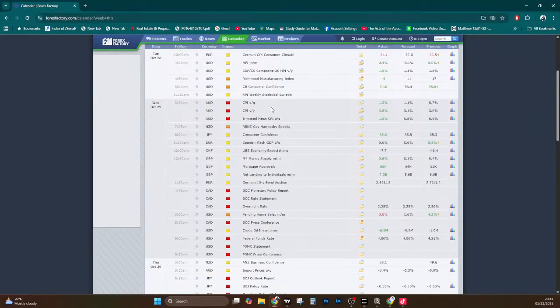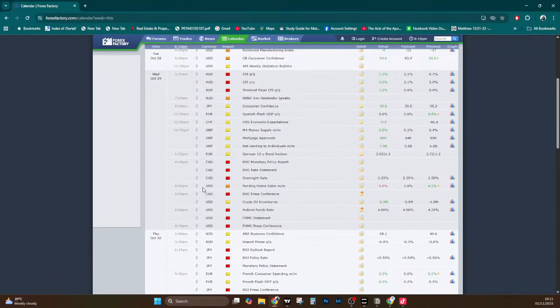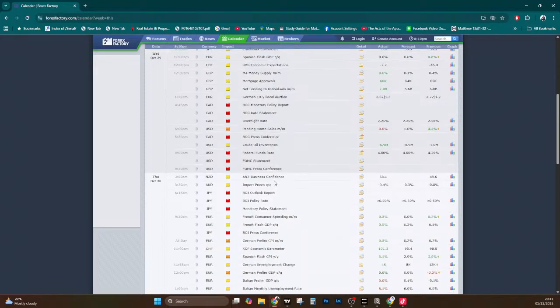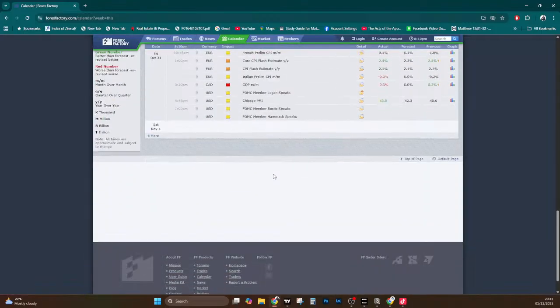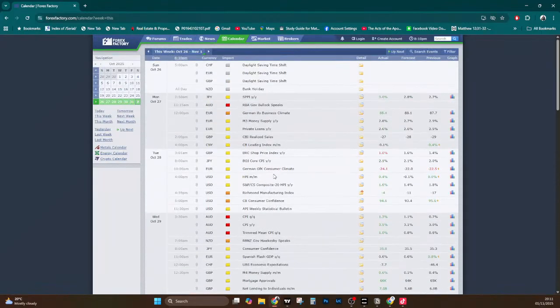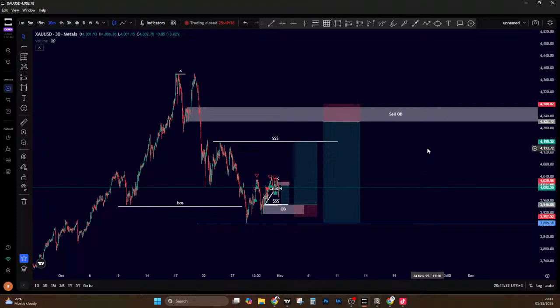USD, maybe from Wednesday, and Wednesday is far. We will also look at the fundamentals, maybe the news, what is happening. But because the trading week looks clean, this is what to expect.